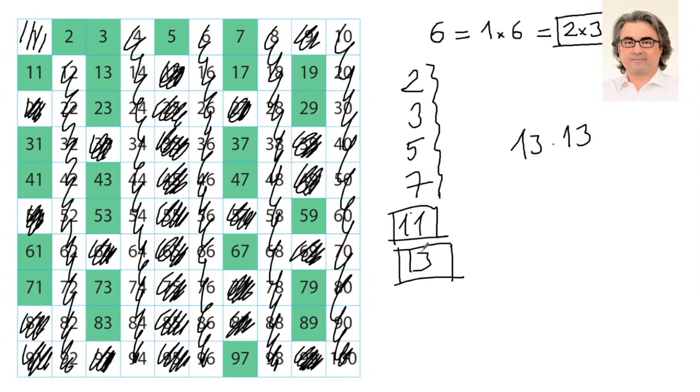If I multiply 13 with 11 or 7 or 5 or 3 or 2, I will reach multiples of 11, 7, 5, 3, and 2, which I claimed before. So if you multiply 13 with 13, you will get a number, of course, which is not prime, namely composite. You will reach a number greater than 100.